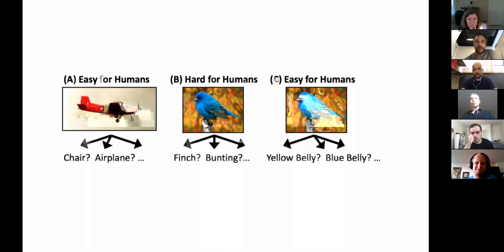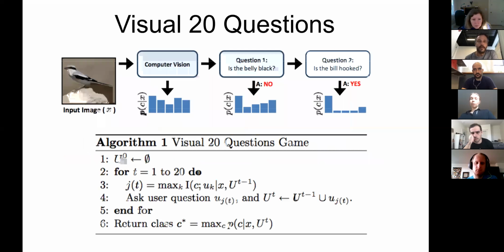Is the belly yellow? Or a part click question like click on the tip of the bill or the end of the wingtip. If you can break down the task into these simple part and attribute questions, then the task becomes easier. So that led us to one of the early approaches that we proposed for Visipedia, which was called Visual 20 Questions.